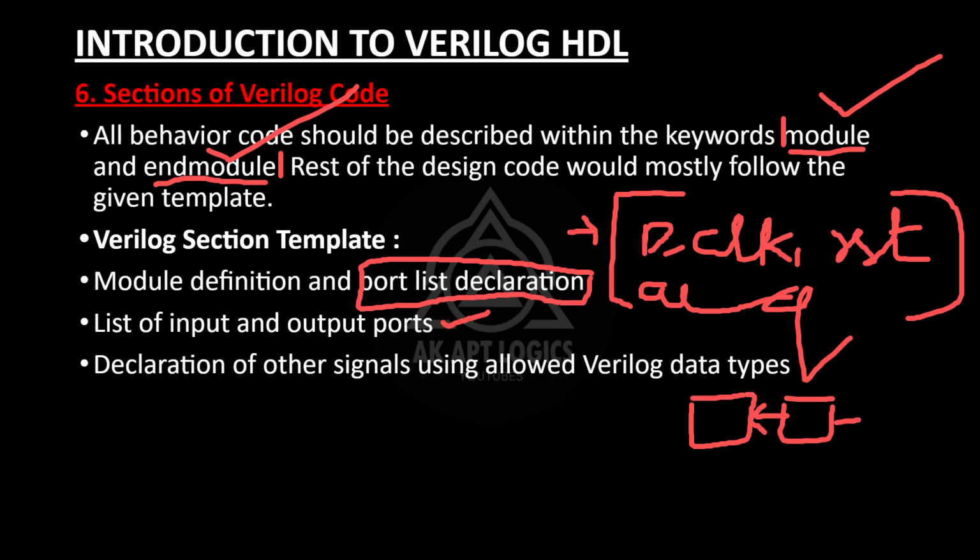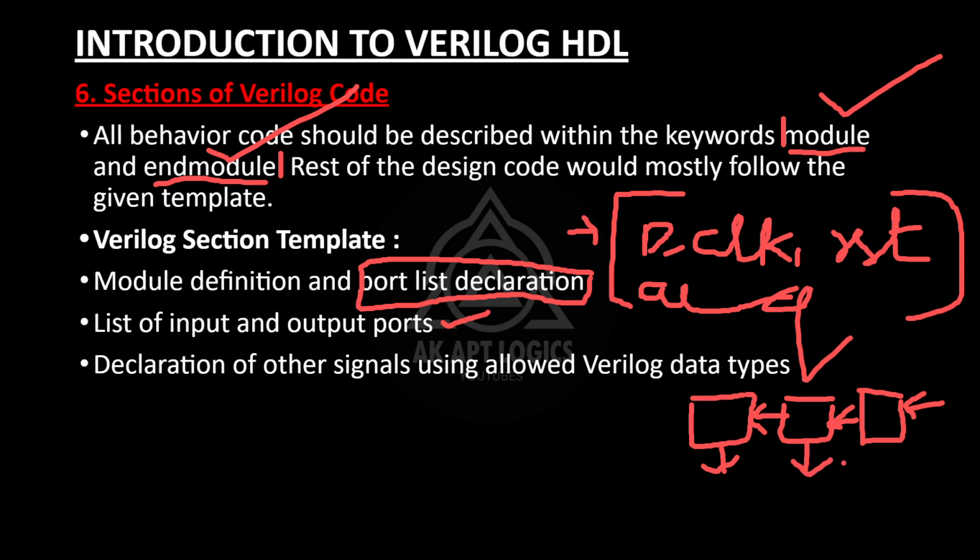So they are internal. We have to declare those signals using data types only. We shouldn't declare these as inputs and outputs. At the end, inputs will be inputs and outputs will be the ones that appear to us.